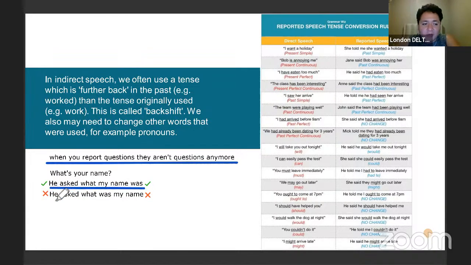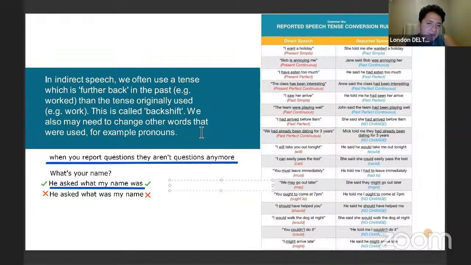If you say what was, esta es una estructura de pregunta. But the sentence is no longer a question. Cuando reportamos preguntas, ya no son preguntas. All right? So I don't need to write the question mark anymore. Ya no se utiliza el question mark, because the sentence becomes an affirmation.